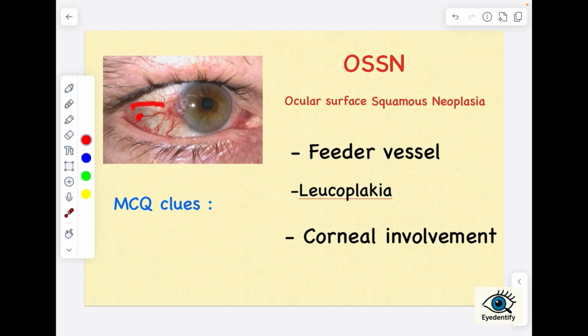These dilated vessels are feeder vessels. This nodule is OSSN, and the whitish region we are seeing is leukoplakia. Leukoplakia means keratinization. So three important points to remember: feeder vessel, leukoplakia, and corneal involvement. We go from conjunctiva to cornea.